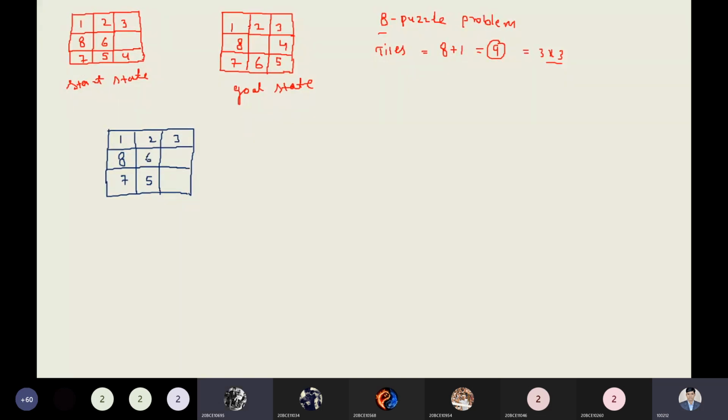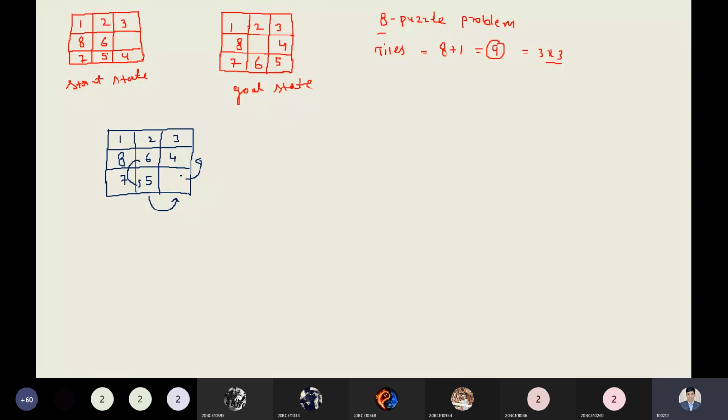This would be 5 and 4, so 4 will come over here. So this is the way. Then 5 right, okay. So we can do the 5 right, and 6 down. So you will get your solution. So this is the solution. Yes, so you have done this thing in one attempt only.